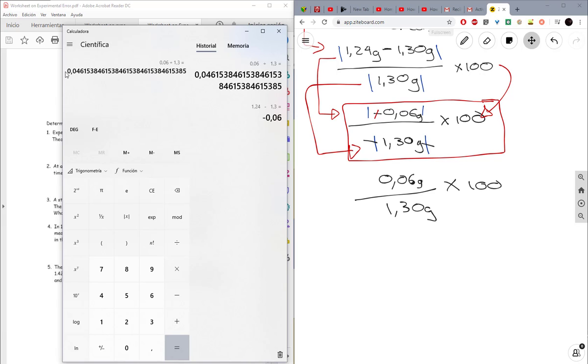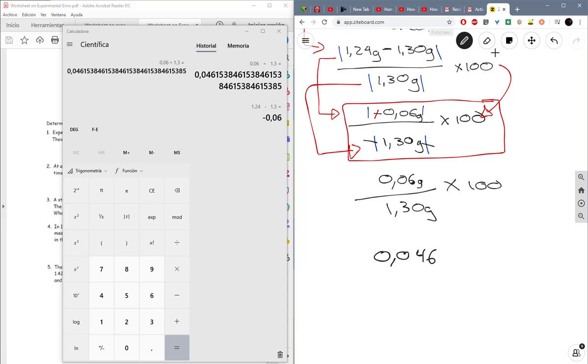And that is, wow, a really big number, 0.04615, whatever. So let's only put 3 decimals, 0.046. Sorry, that's a 0, that's a 4, not a 9.